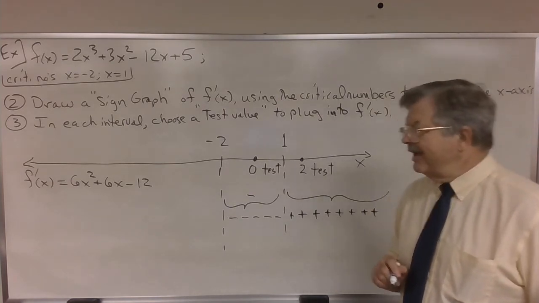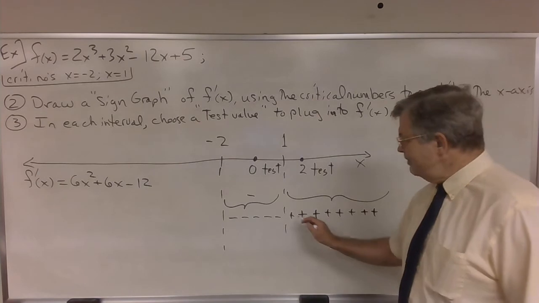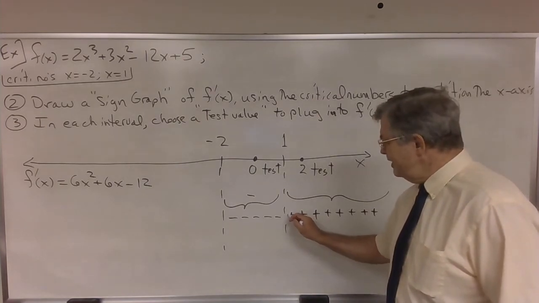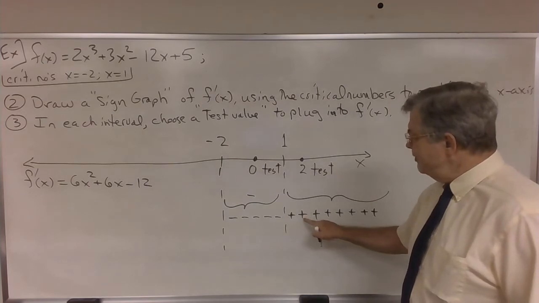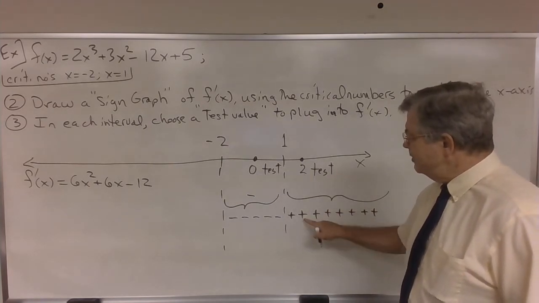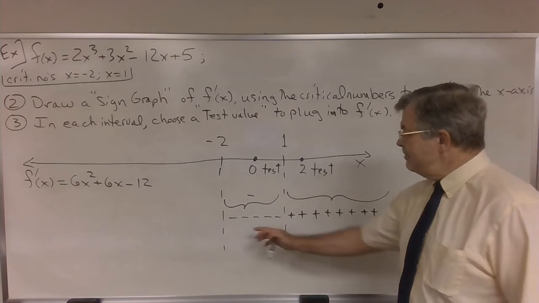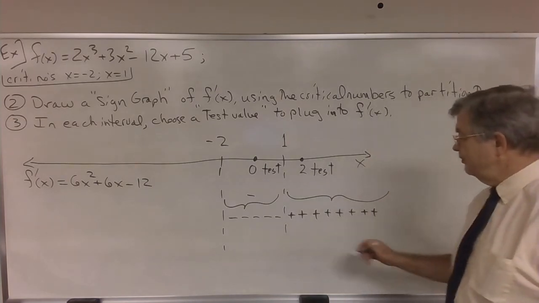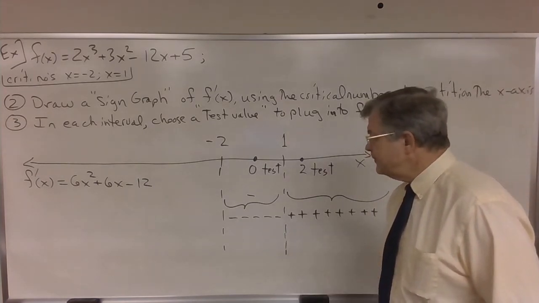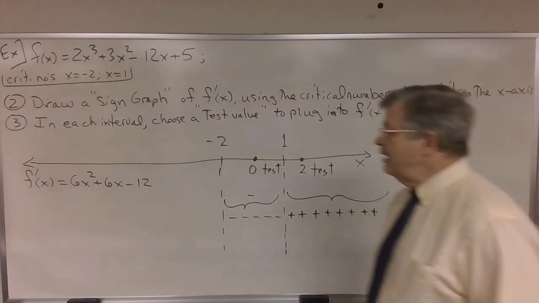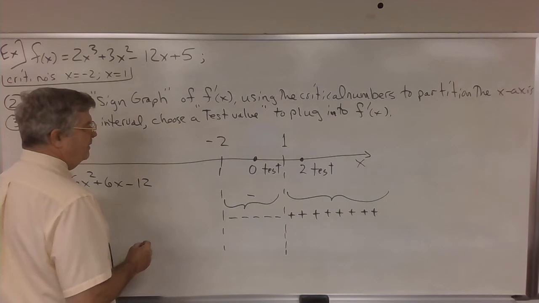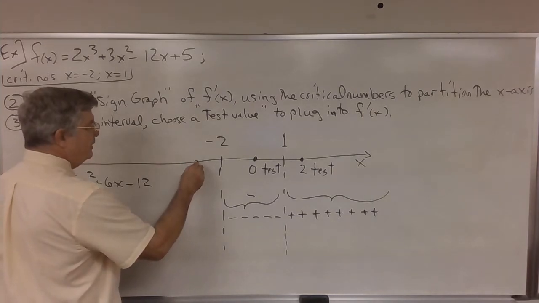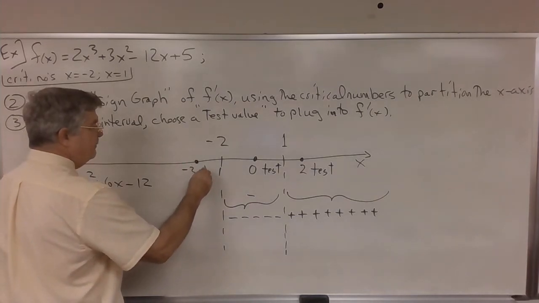I hope I don't end up regretting making that assumption, but something tells me, and I hope I'm right, that because the derivative is positive when x equals 2, it's going to be positive throughout this whole subinterval. Last but not least, I will pick a test value over here, and I'll pick -3.